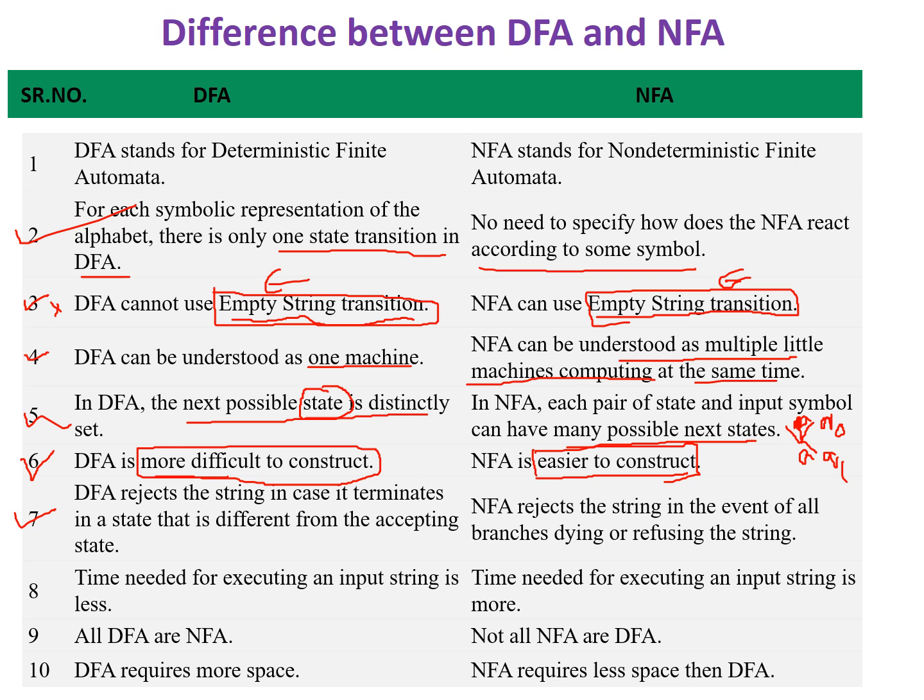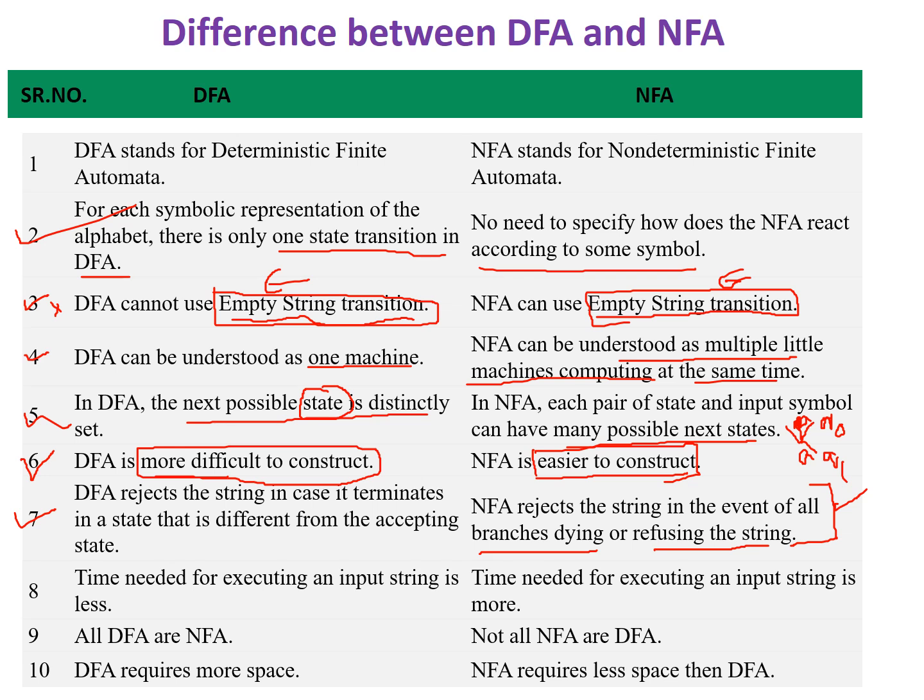Whereas NFA rejects the string only in the event of all the branches denying the string. That means before terminating, NFA can have multiple branches. Each and every branch is traced, and only when none of the branches lands in a final state can it reject the string.